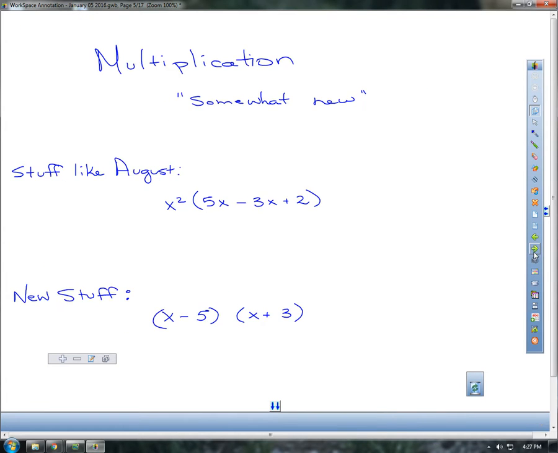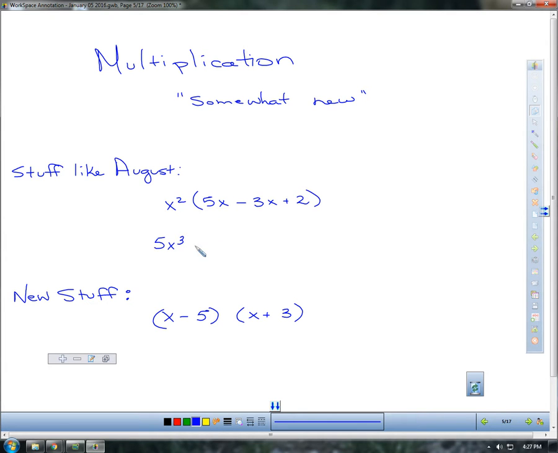Okay? Now, this is where some of the multiplication is new. We weren't quite to the stage where we needed to know a whole lot of multiplication. So what we did in August was multiply this x squared through the parentheses and distribute it. So x squared times 5x is 5x cubed, remember?